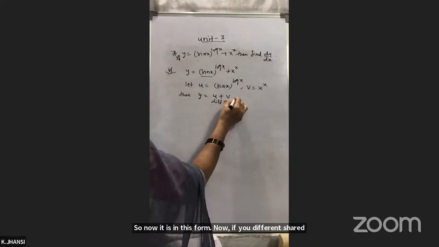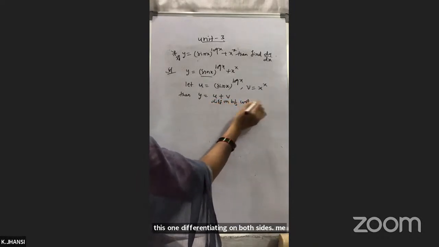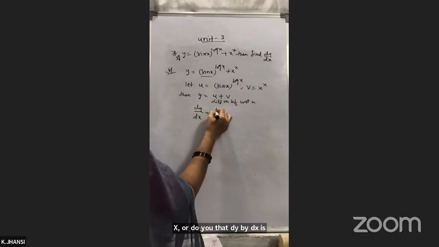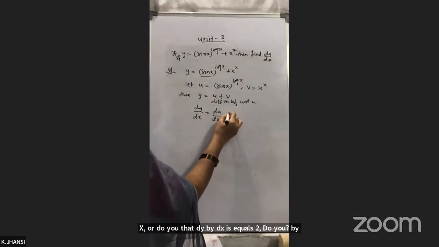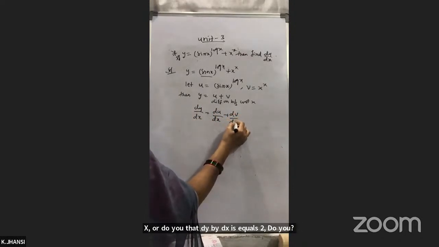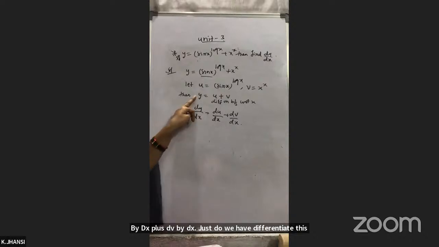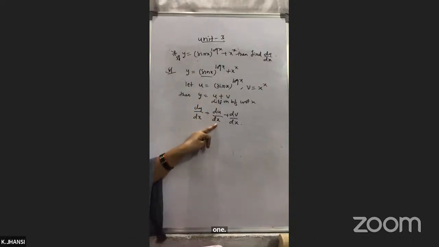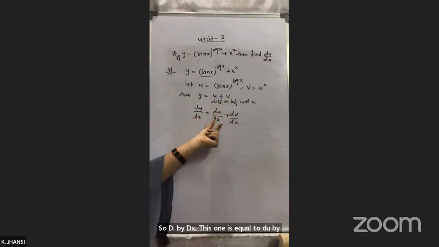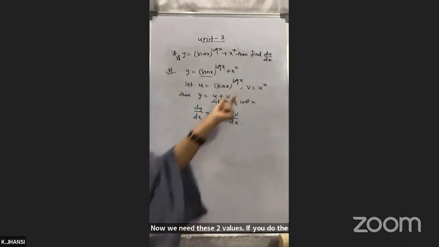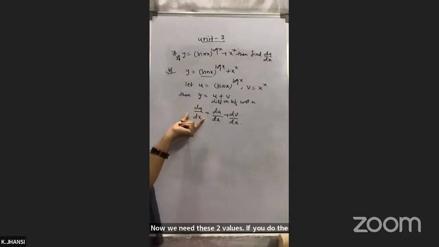Differentiating on both sides with respect to x, dy by dx equals du by dx plus dv by dx. Now we need these two values. If you differentiate these two and substitute here, then you will get the differentiation of this one.